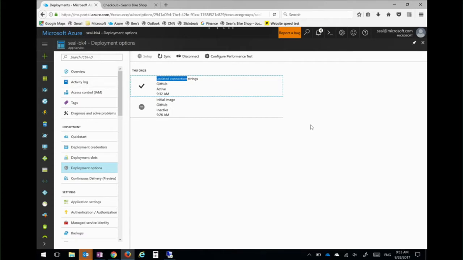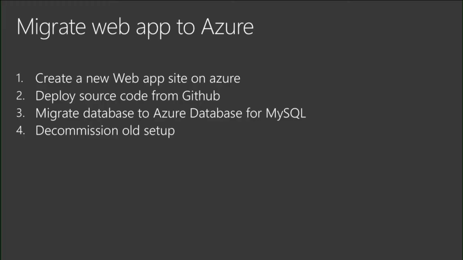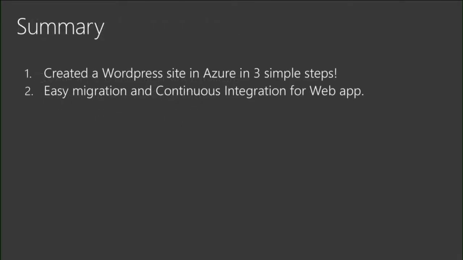All right, let's head back to the slides. So I just want to quickly summarize everything we've done so far. We've created two web apps. One web app using the Django framework with Azure Database for Postgres. Another web app with the Wordpress framework using Azure Database for MySQL.